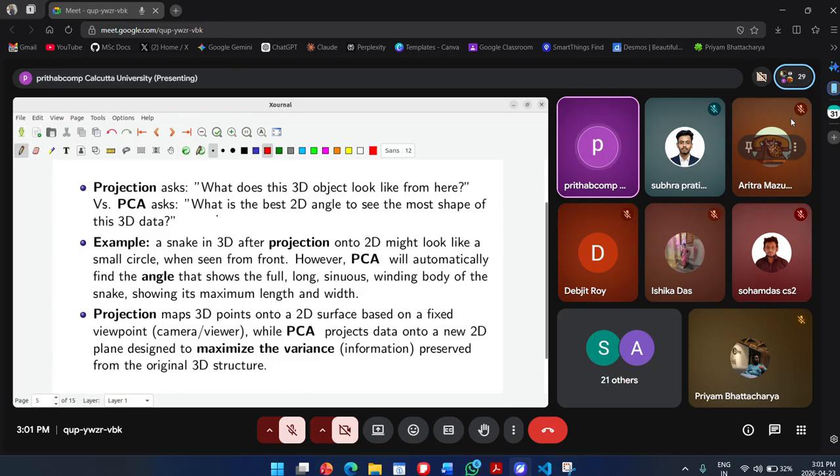From some angle, many of the data points may become some kind of collinear. So in PCA, it tries to find from which angle you will be able to see the maximum of the data points, meaning the maximum variance of the data points. Okay, so are you getting what I'm trying to say?